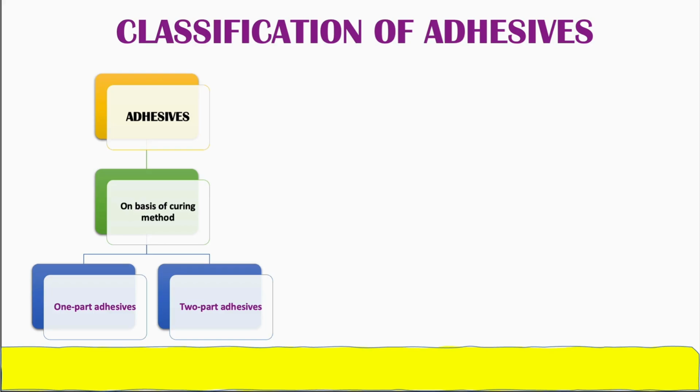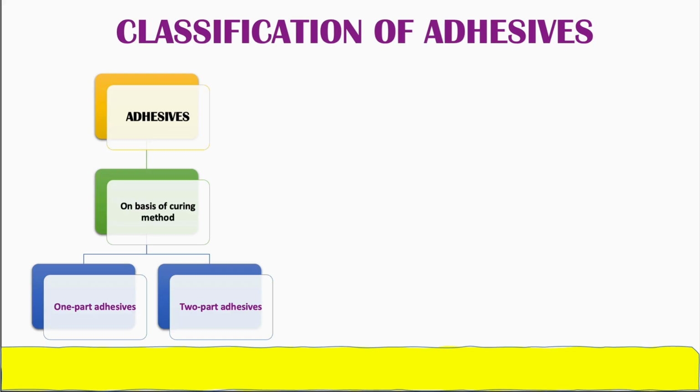So up till now we have discussed the one part adhesives wherein the ready made mixture can be cured with the help of heat, so we have heat cured adhesives, and it can be cured with the help of UV or light, so we have light activated adhesives. And if it can be cured with the help of moisture, we have moisture activated curing adhesives.